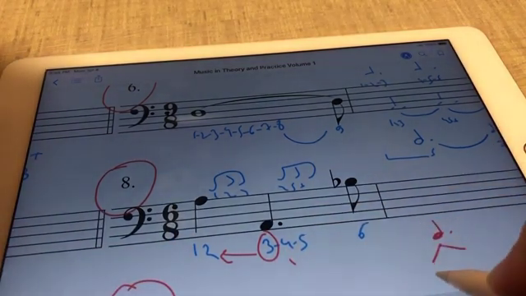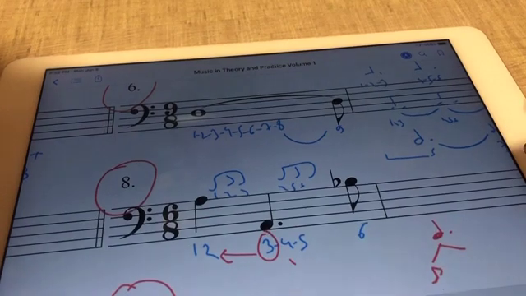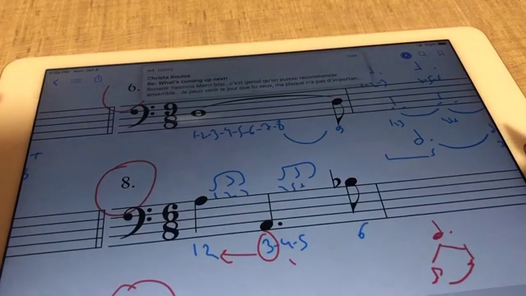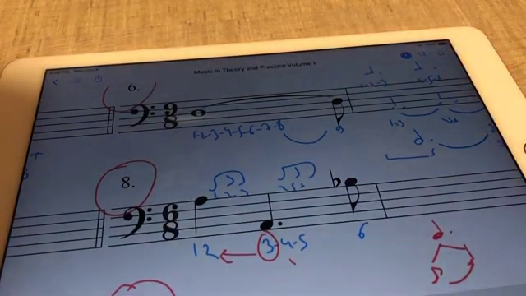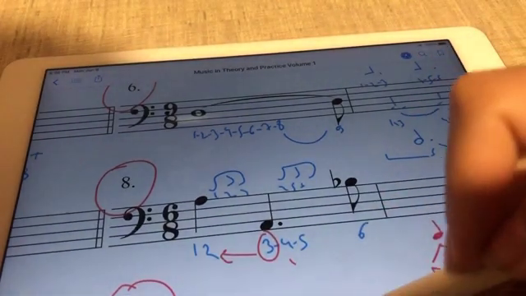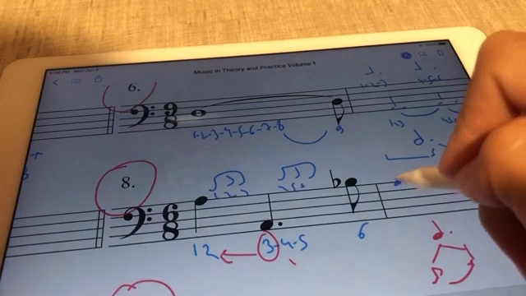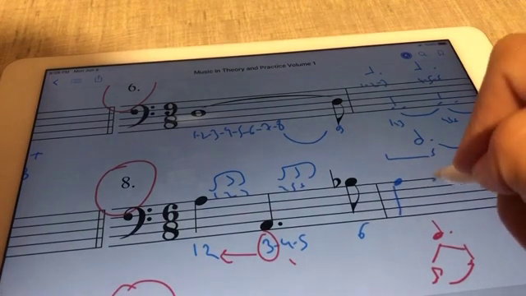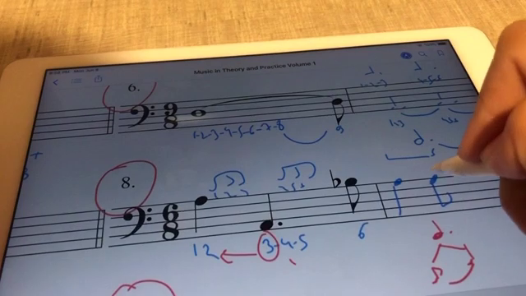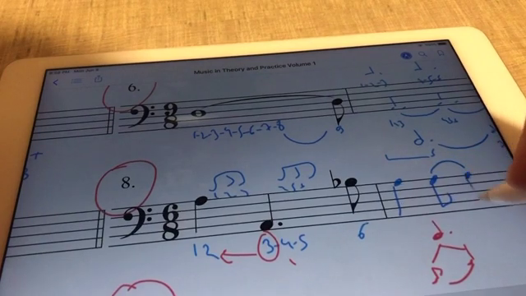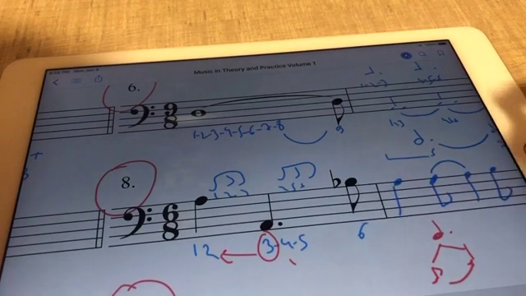So that would be this one, 1, plus a 2, which I will tie. So that would look like this. I would have 1, 2, 3 tied to a 4, 5, 6.